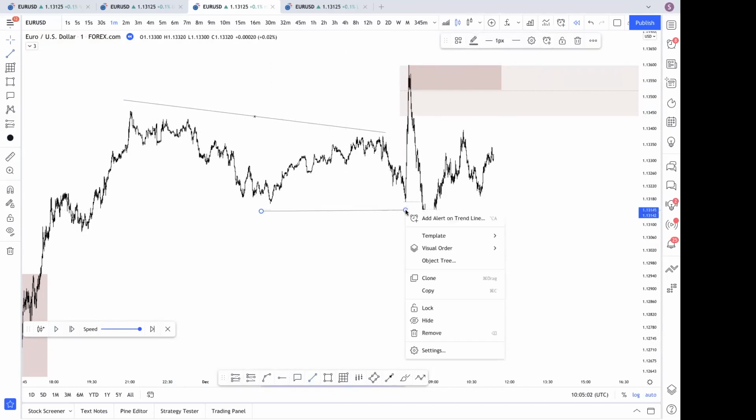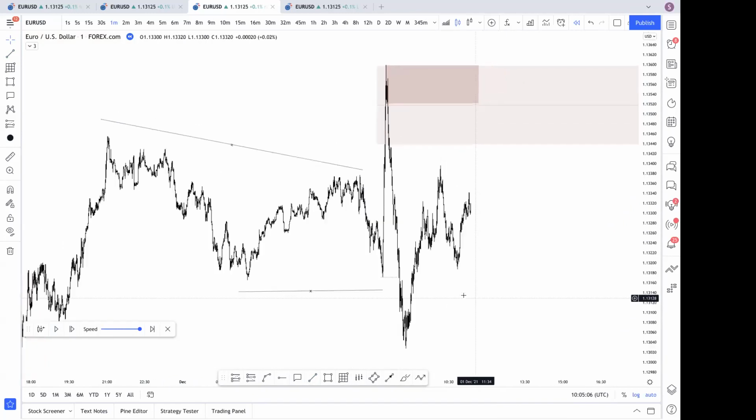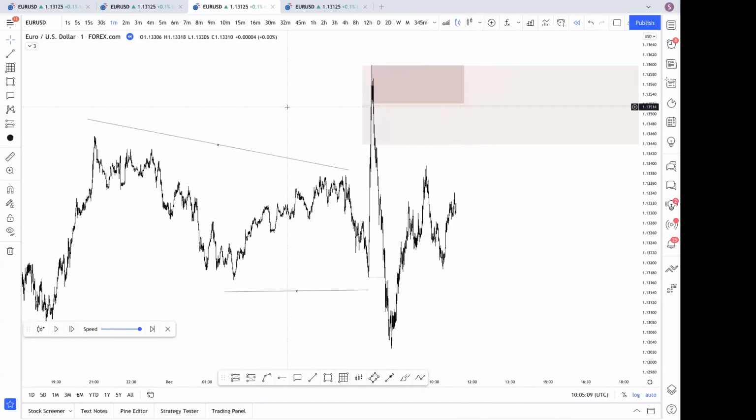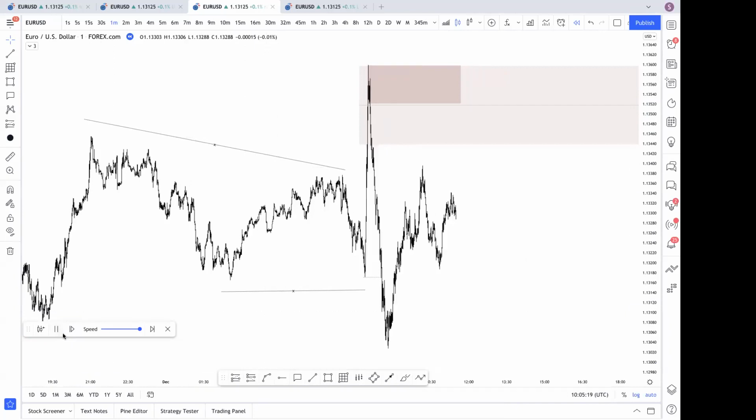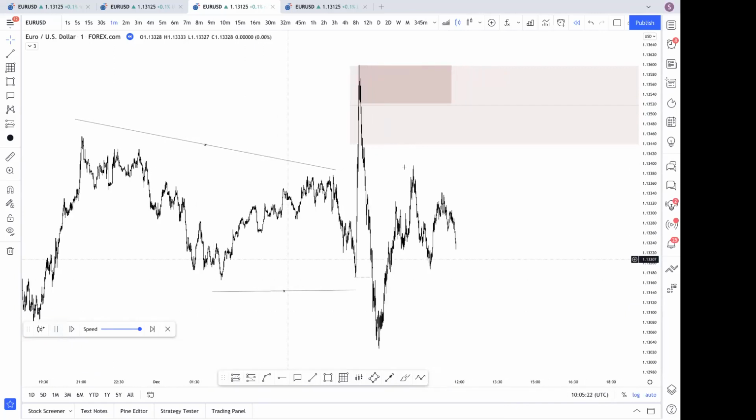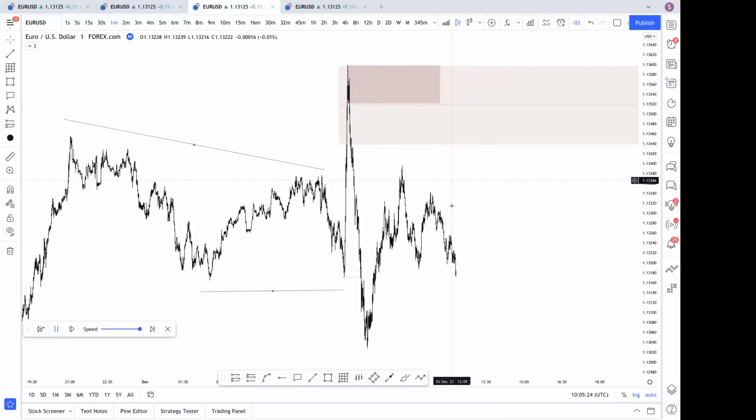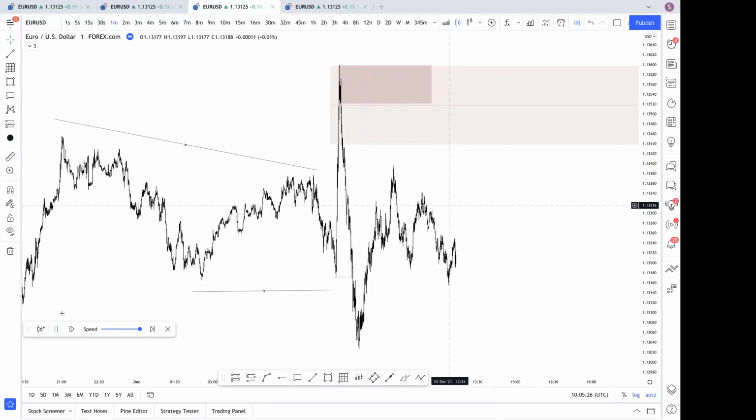We need a point of liquidity to target. You see how I'm building the whole story here. This is all one big entry model, basically. Once you get all this down, everything else starts becoming easier. So price continues down. There's a nice trade in here as well, but we're just going to focus on the really good stuff at the moment.